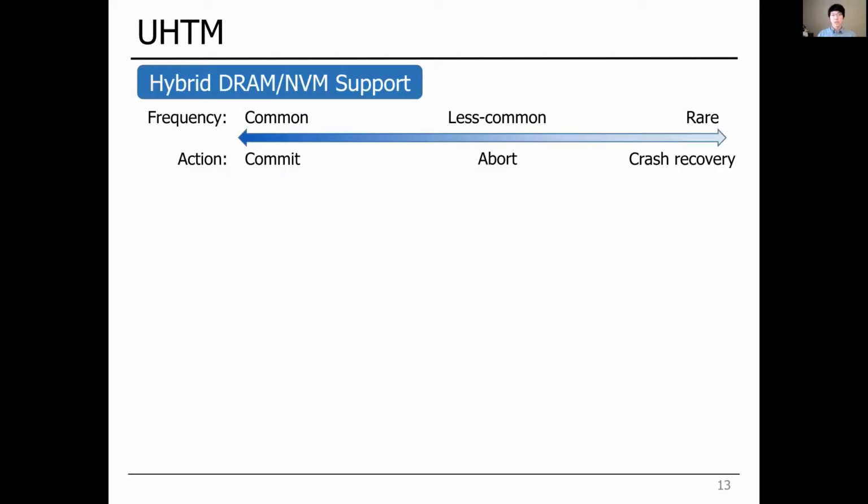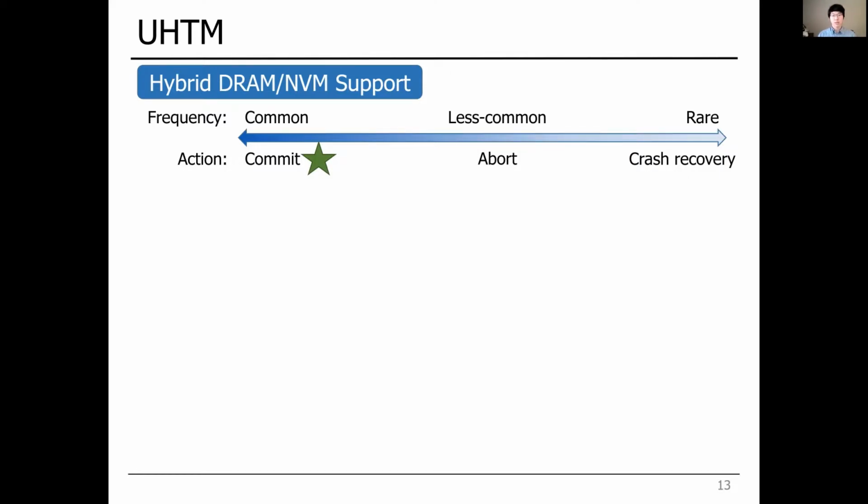In addition to UHTM's unlimited conflict detection, it also supports hybrid DRAM and NVM data. In other words, UHTM guarantees atomicity of DRAM and NVM data and durability of NVM. UHTM provides hardware logging techniques to support atomicity. Since commits are more common than aborts and crashes, we optimize UHTM's logging technique to minimize the commit latency.